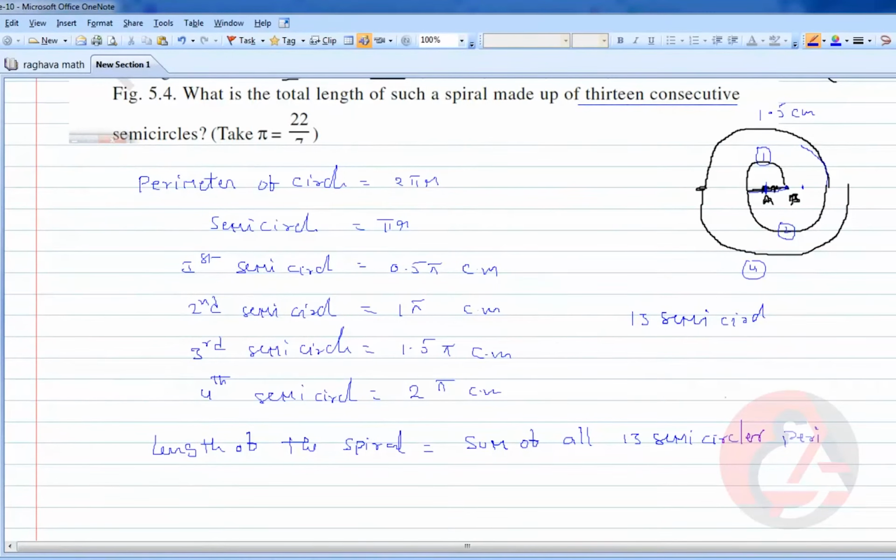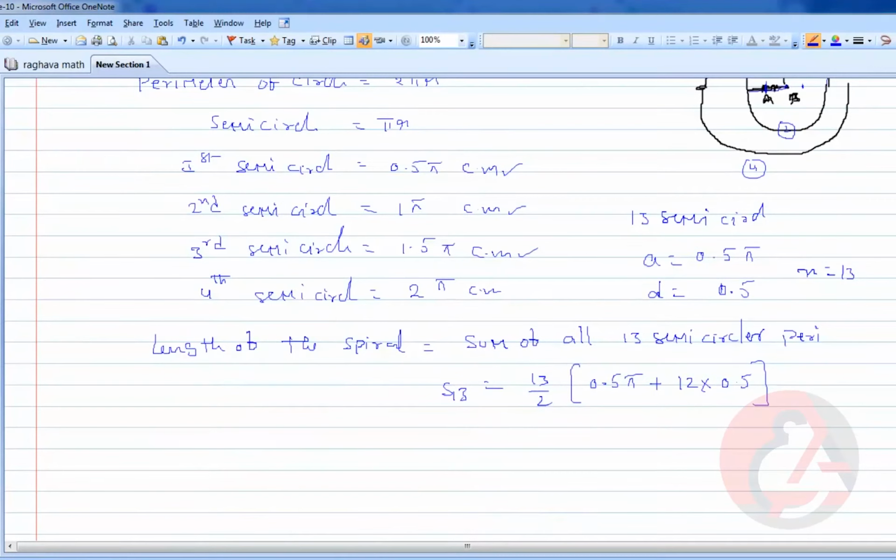If you observe, all these are in AP: 0.5 pi, 1 pi, 1.5 pi. So a is 0.5 pi, the common difference is 1 pi minus 0.5 pi, and n is 13. I want the S13 value. So 13 by 2, 0.5 plus 12 into 0.5. This is the total length of the spiral. Find it. What is the answer?